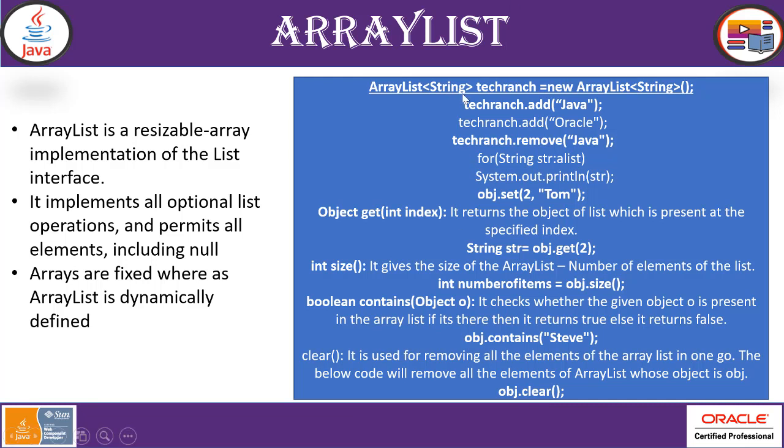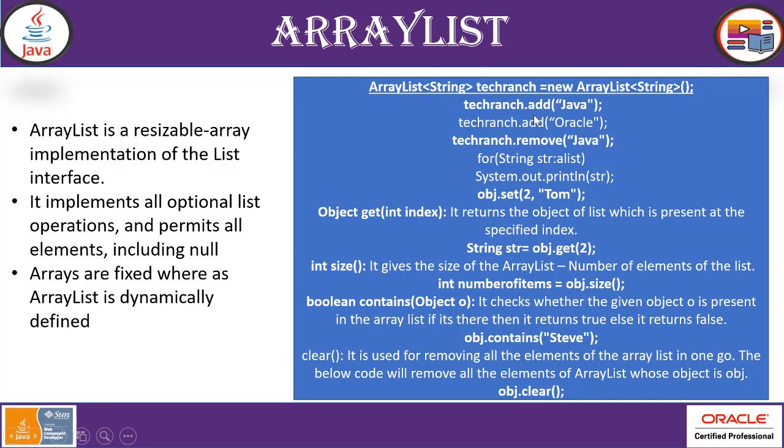We can mention the data type in this generic definition, using these angle brackets, then an object name, new, and the class constructor with the generic definition of the data type. Since the data type mentioned is String, it's like we have a fruit basket and we have defined that this basket is only for fruits. So fruits is nothing but the String type, and the type of the list is based on the String data type.